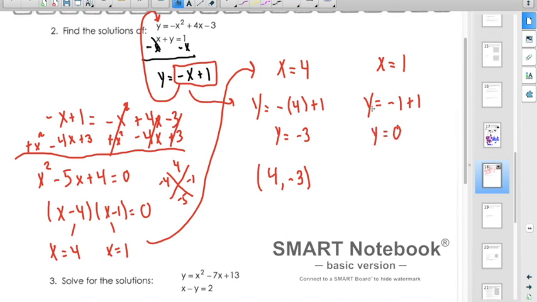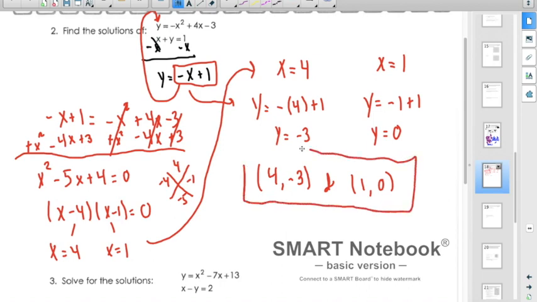So y equals 0. So this coordinate point is 1, comma, 0. And that is my answer. All right, these are my 2 coordinate points, my 2 intersection points of where these graphs would cross.